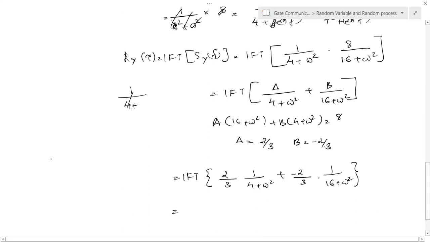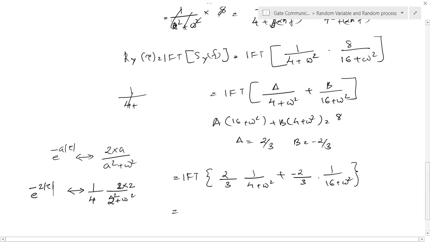If you compare this with the standard e raised to minus a modulus of tau, it is written as 2a by a square plus omega square. So 1 by 4 plus omega square is almost similar to this, but this is actually 2 square. So an additional term 2a is required. To simplify that, I can divide by 1 by 4, which I can write like this: e raised to minus 2 modulus of tau.